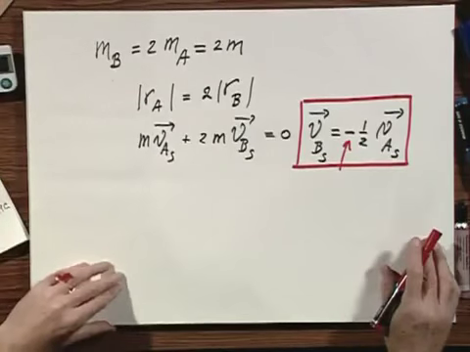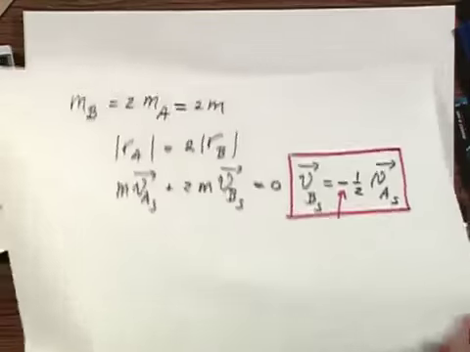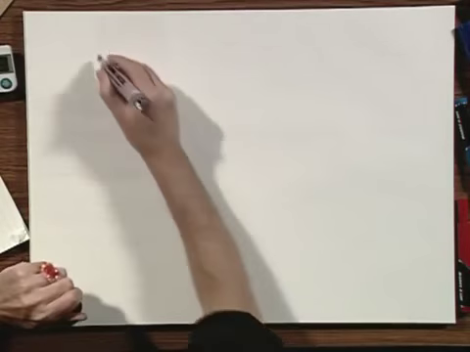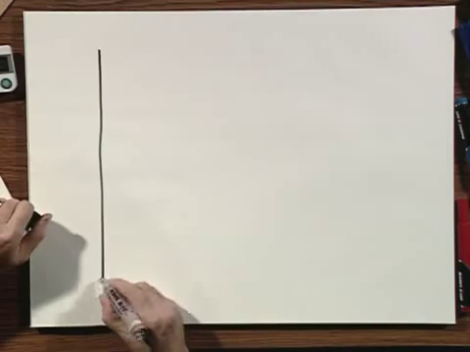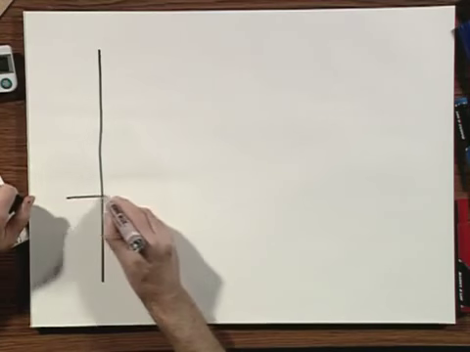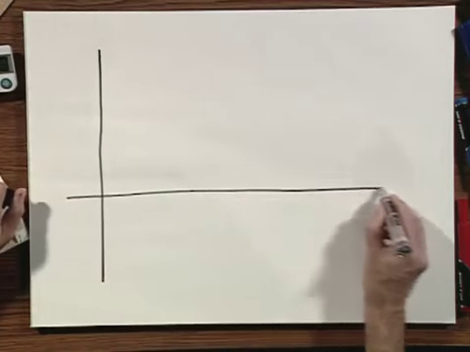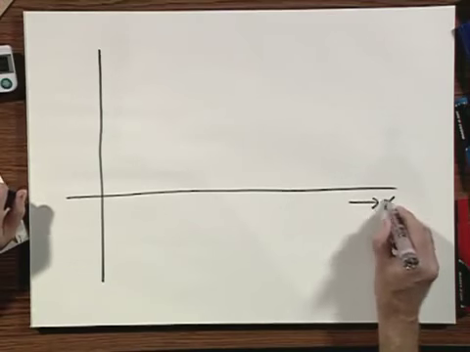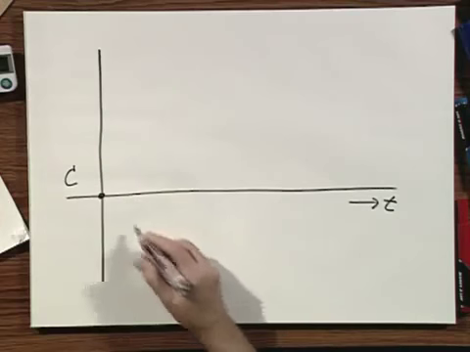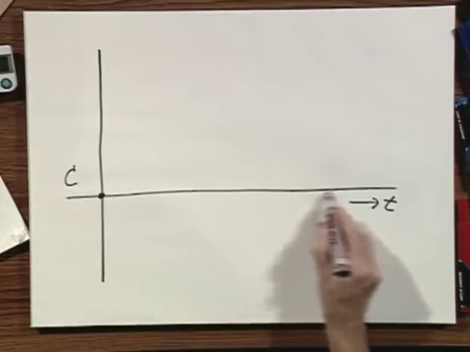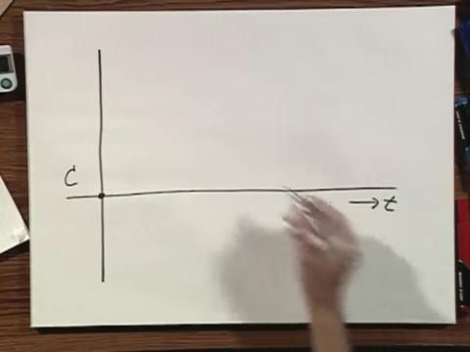Now I'm going to make a plot of the positions of A, B, and C as a function of time, not as a function of x, as you have seen in your book, but I'm going to do it as a function of time. It's almost the same when you think of it. So this is C. The center of mass will always stay at the same position as a function of time.